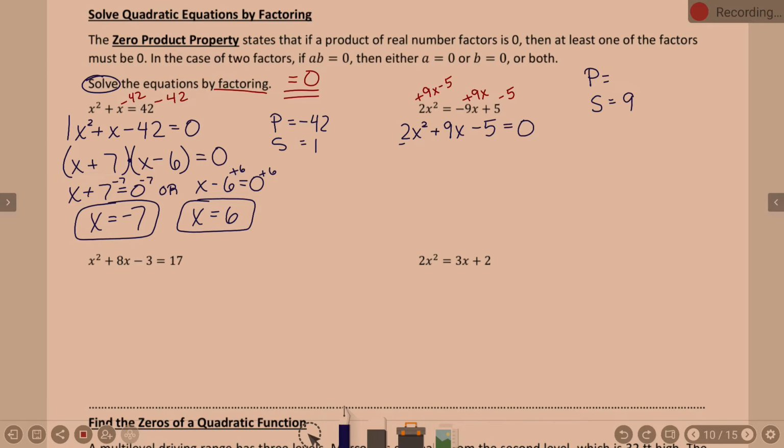When there's that A value, we have to use product of A times C, which in this case is 2 times negative 5. So I'm going to need a product of negative 10. Your sum is still the B value, the middle term. That was good. That's why I was willing to half agree with Paul. Okay, what numbers multiply to be negative 10 and add to be 9?